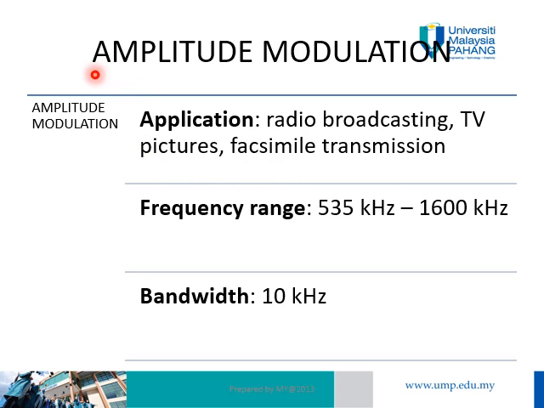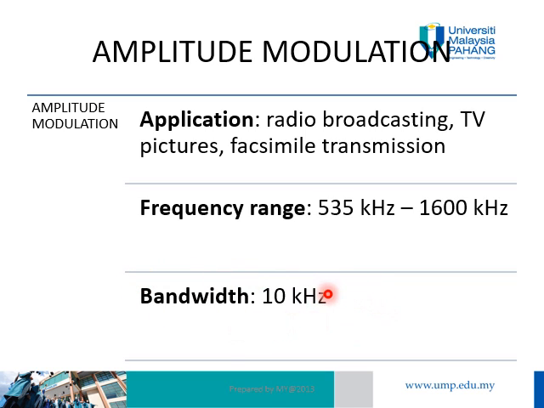Amplitude modulation operates in the frequency range from around 500 kilohertz up to 1.6 megahertz, or from 0.5 megahertz up to 1.6 megahertz, or 500 kilohertz up to 1600 kilohertz, and it normally has a bandwidth of about 10 kilohertz.